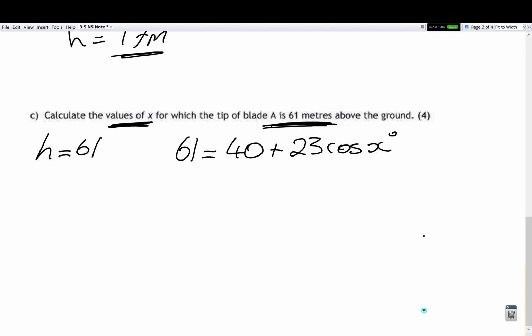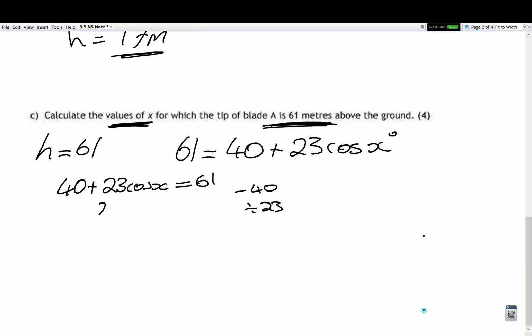So what I'm going to do here is, we're used to having the cosine on the left hand side, so we're just going to rewrite that. I think it's easiest. So 40 plus 23 cosine of x equals 61. We're going to take away 40 here, and then we're going to divide by 23. That's our two opposite operation steps here.